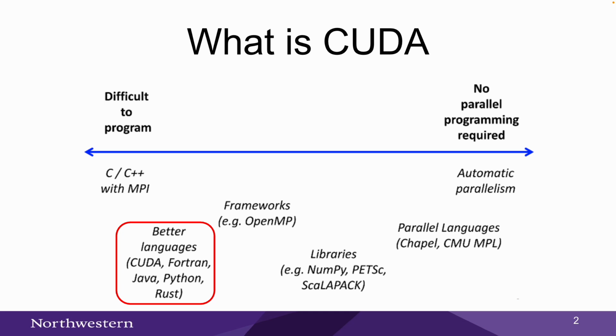CUDA combines high performance with a developer-friendly API, and it supports other modern languages like Python and Rust through bindings. From this spectrum, we can see that CUDA balances power and programmability. It's more difficult than using NumPy, but far easier and more productive than MPI or raw GPU assembly. For developers who want control and performance on NVIDIA GPUs, CUDA hits a sweet spot.